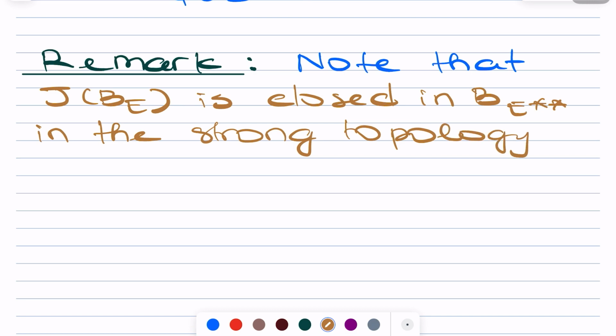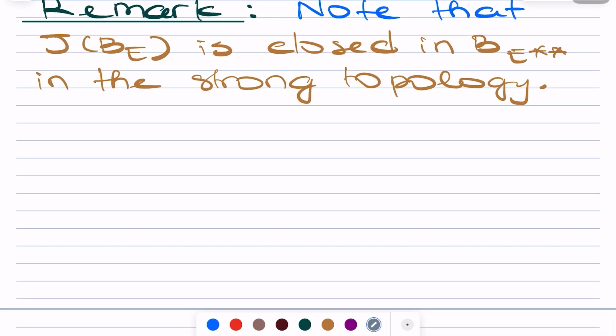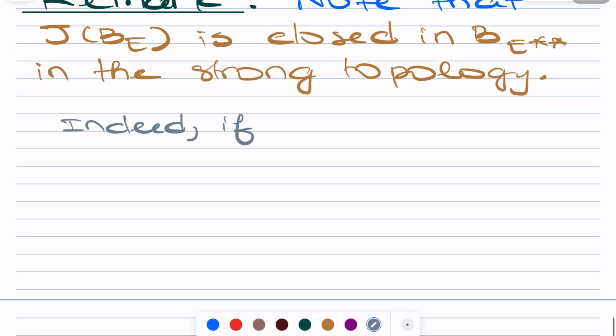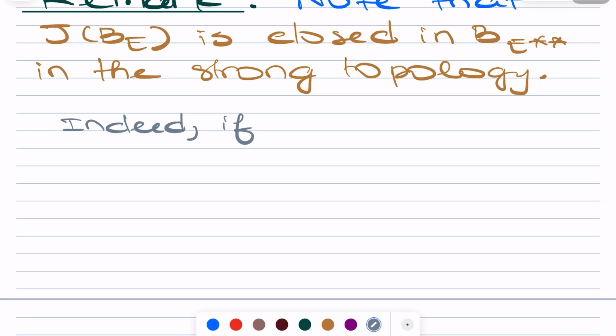Let me just give you a quick proof. Indeed, to show that it's closed, we take the definition with sequences. So if xi n, which is equal to J of xn, is a sequence that converges to, say, xi.